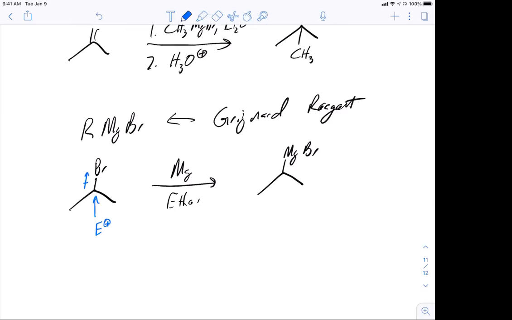But whenever I get the insertion, and this is an insertion of the magnesium between the carbon and bromine, what happens now is if we look at it, that's a magnesium, right? That's a metal. Metals are not electronegative, they're electropositive. So I actually see electron density going the other way. This becomes a nucleophile. So Grignard reagents are nucleophiles. So I can take an electrophilic halide and turn it into a nucleophilic Grignard reagent.